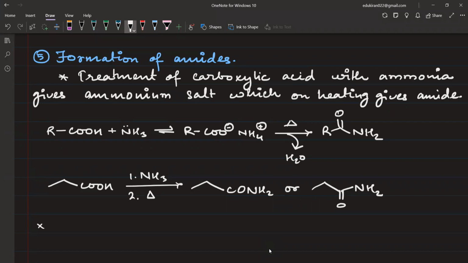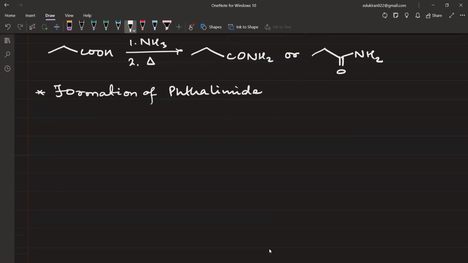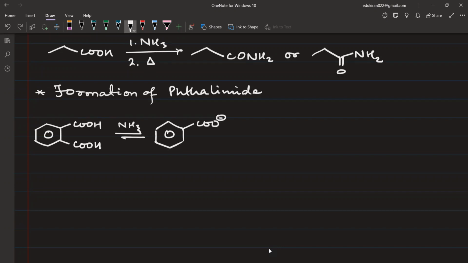Write here, you have an important reaction, formation of phthalimide. If you have a benzene ring with 2 carboxylic acid groups in the ortho position, and if you react this with ammonia, then you are going to get the salt on both of these carboxylic acids, COO negative NH4 positive, COO negative NH4 positive.